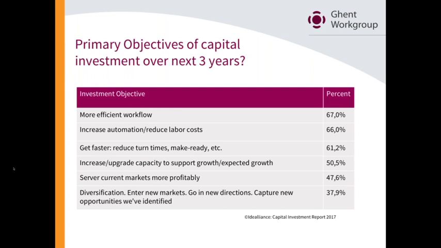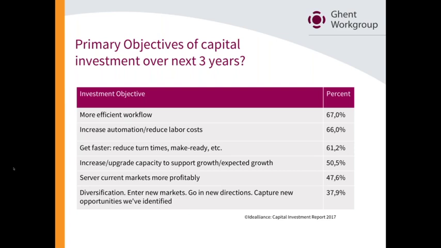There was a study recently done by ID Alliance, one of the organizations we work with. We're kind of like partners in many things. They were looking at the primary objectives of capital investment of graphic arts service providers.